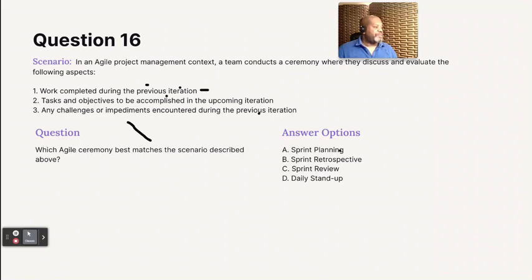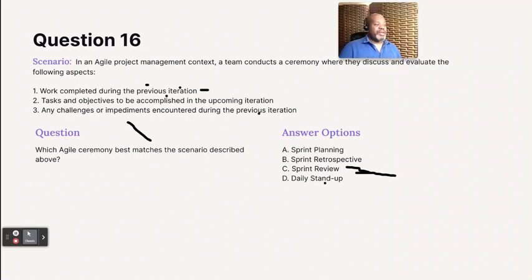So sprint planning is what you're looking at moving forward because you're planning for the forward. Sprint retrospective is looking at the previous results. I like that. Sprint review, that's a thing, but usually at the end of a project. Would I be wrong with that? Daily stand-ups.